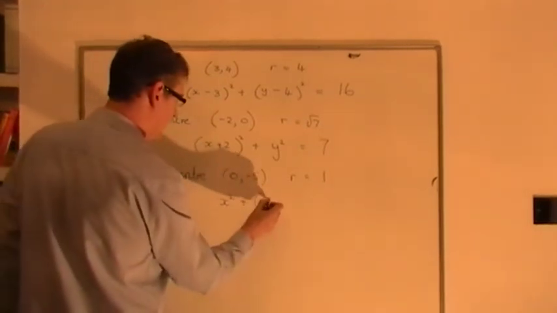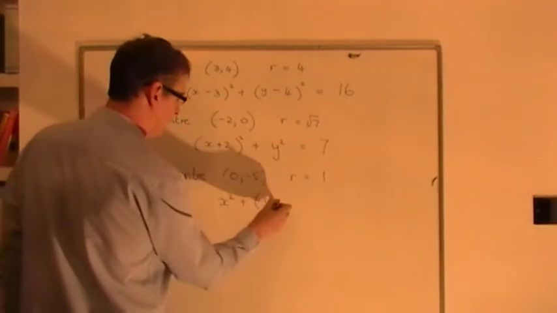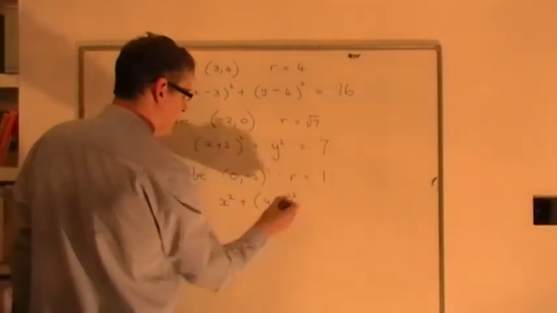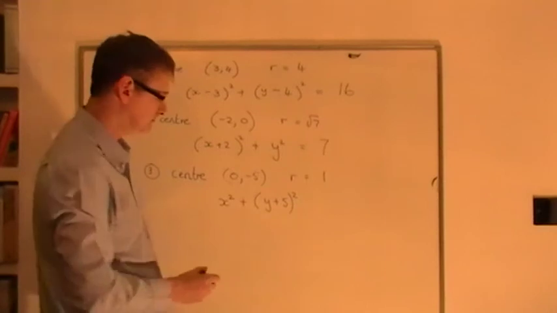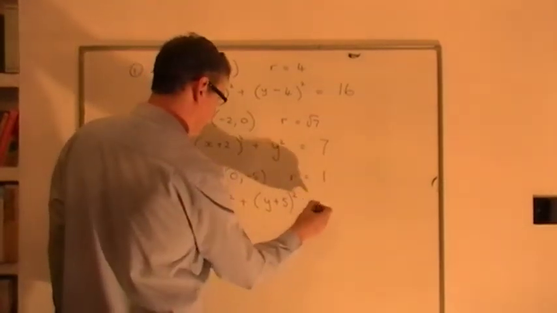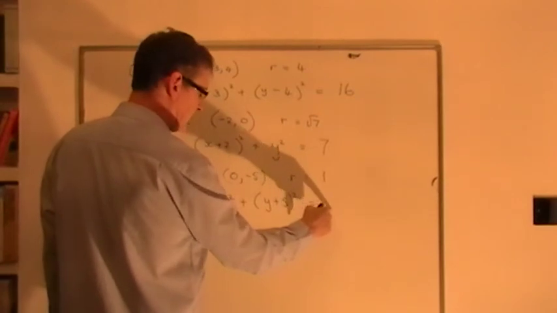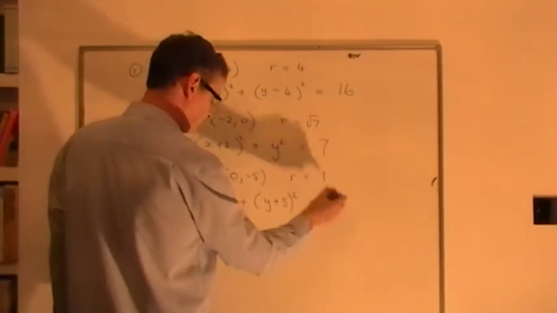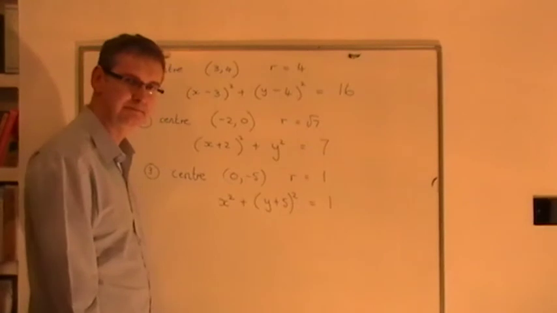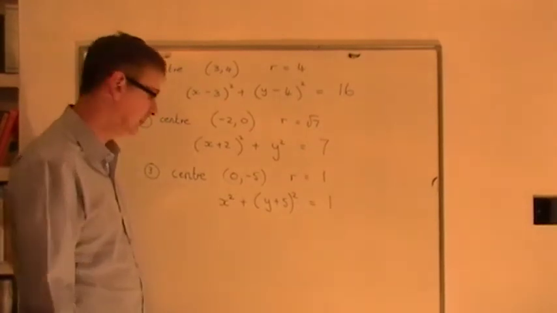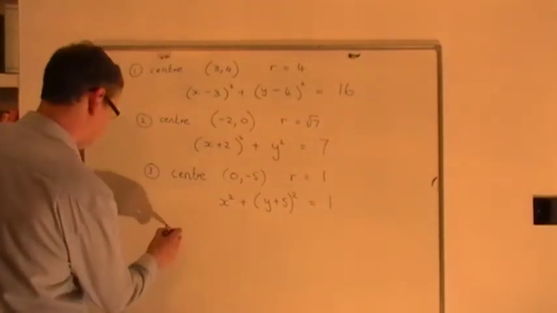Plus, then in the bracket, y, if that's minus 5, you put plus 5, and you square it. That will be equal to the radius squared. Well, if the radius is 1, 1 squared is 1. It's really simple.